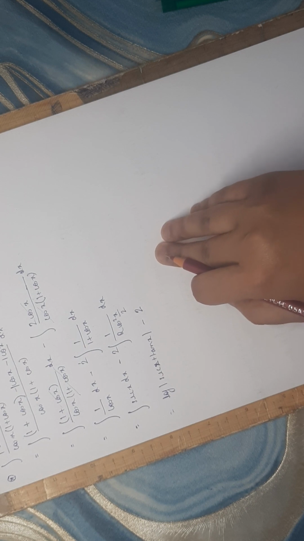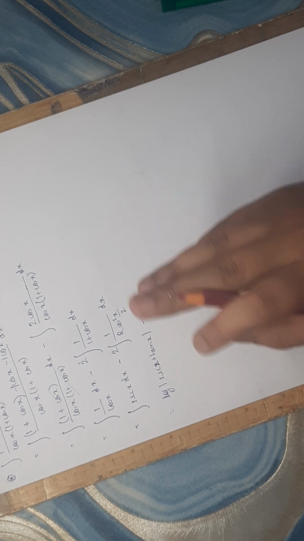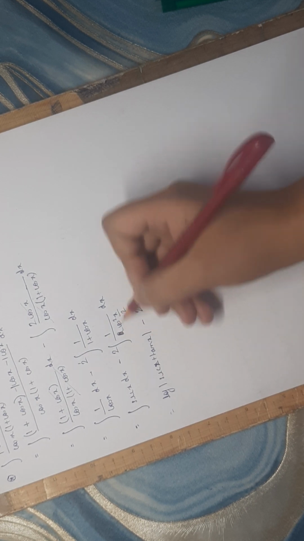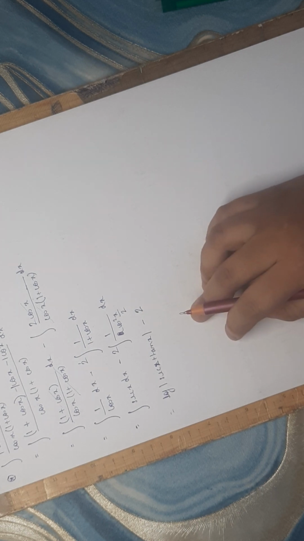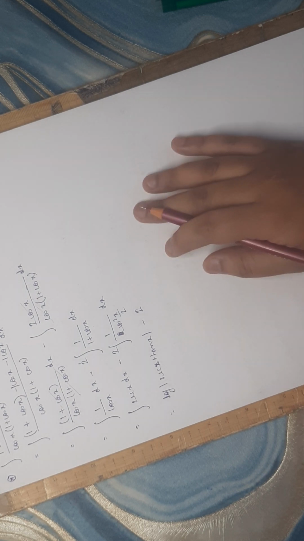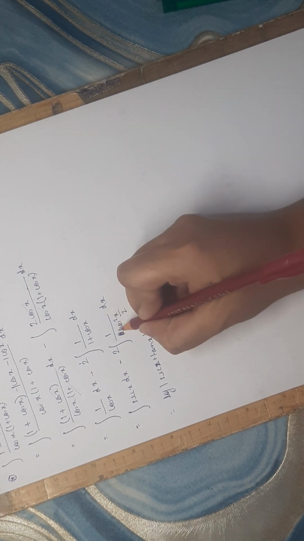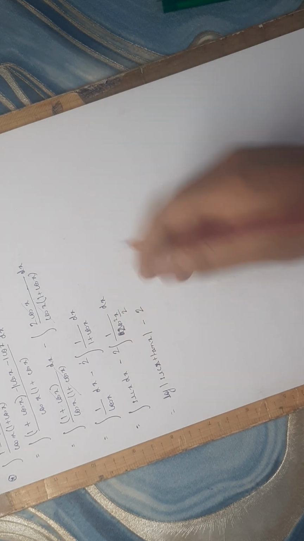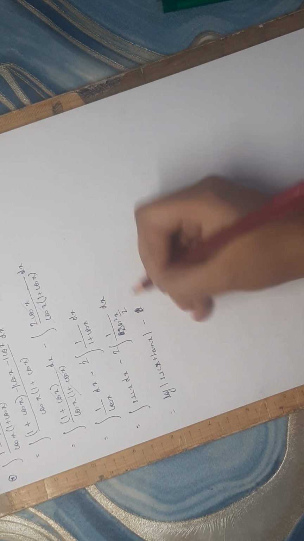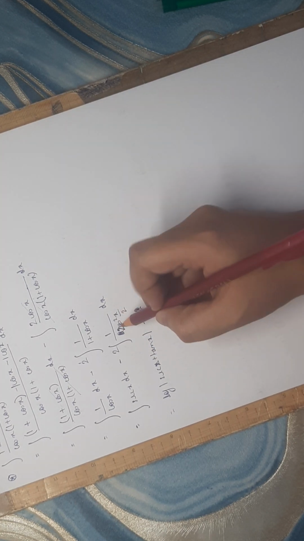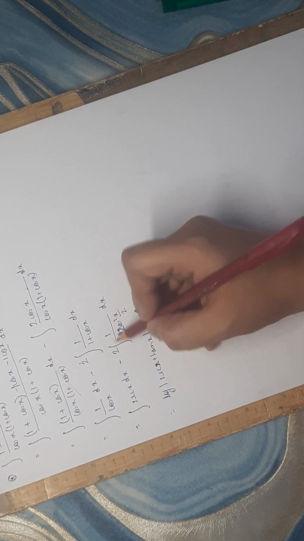I did a mistake here. It's not 2 cos square x by 2, actually I think it's 2 cos square x by 2 only. Yeah, it's okay, so this is 2 only. I am doing a mistake again. So this is 2 only, and what is happening here is that this 2 will cancel with this 2.